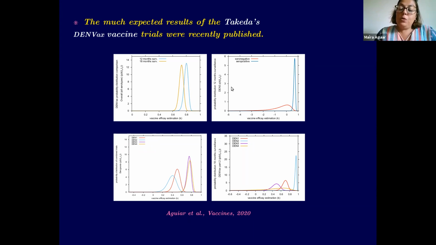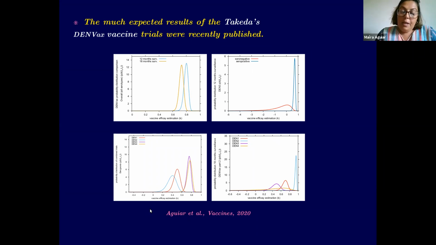What we also observed in the vaccine efficacy of Takeda is that there is a difference between individuals vaccinated as seronegative, so naive individuals who have never been exposed to dengue, and individuals who have already been exposed, the so-called seropositive individuals. We see that the vaccine efficacy for seronegative individuals is smaller than the vaccine efficacy for seropositive individuals.